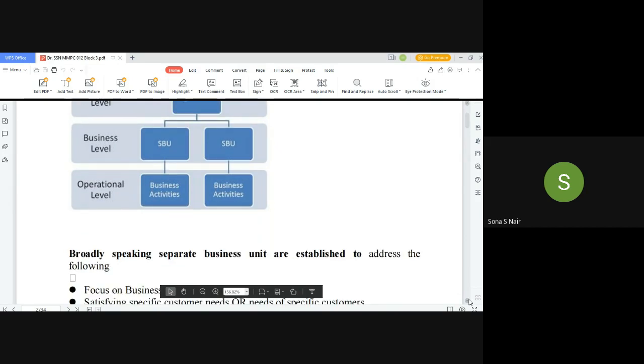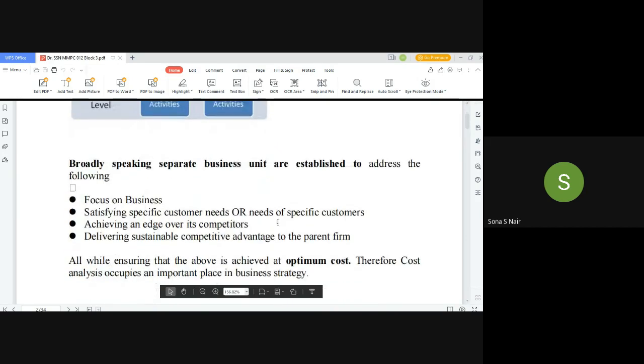Broadly speaking, the separate business units are established to address what? Why are the different strategic business units? Why does the organization feel the need to set up a strategic business unit? Because they want to focus on that business. They want to either satisfy specific customer needs or the needs of specific customers.